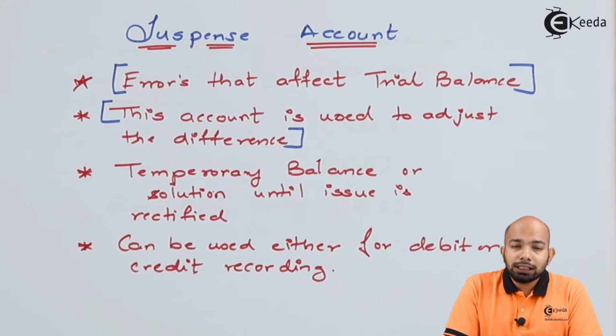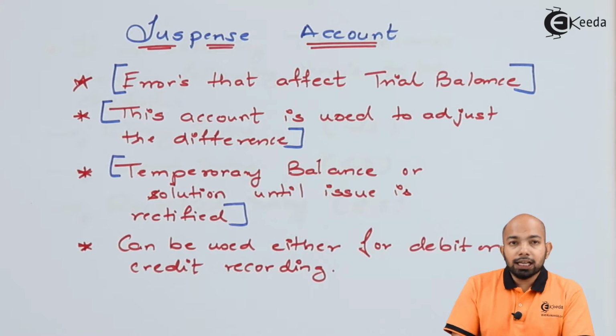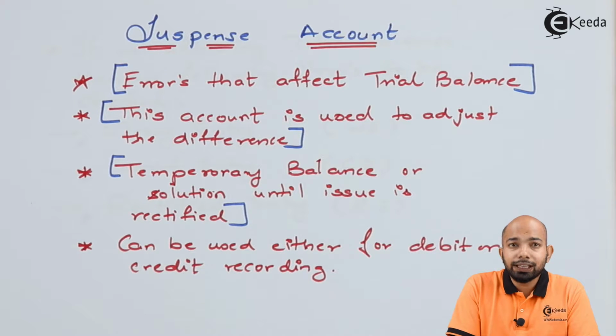Hence, the difference, either on the debit side or on the credit side, with that specific amount will be handled by this account. As we have already mentioned, this is a temporary balance or a temporary solution that we resort to when it comes to preparation of the trial balance, so that all these errors are rectified in the meantime, until we prepare the profit and loss account and balance sheet and communicate further to our users, both internal and external.